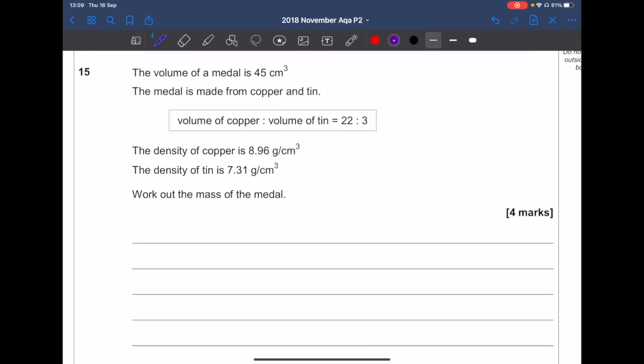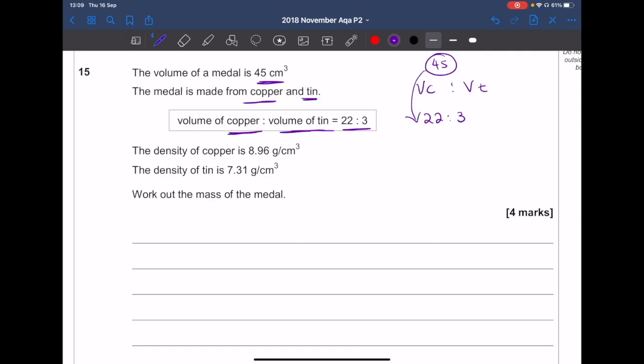The volume of a metal is 45 centimeters cubed, so the volume of the whole metal. The metal is made from copper and tin. The volume of copper to the volume of tin is 22 to 3. So without even looking at the rest of the question, I've got volume of copper to volume of tin as 22 and 3. And the number that I need to split is the 45.